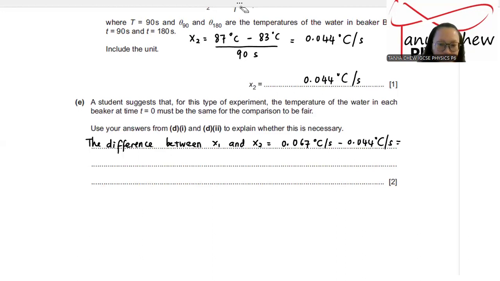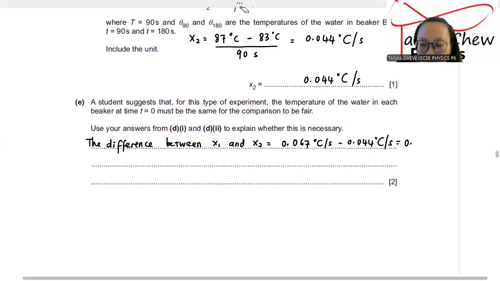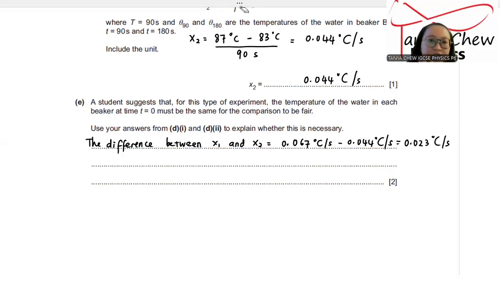0.067 minus 0.044. I got 0.023. And I say the difference is quite small.